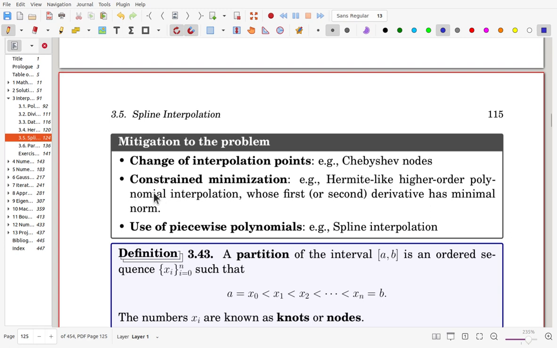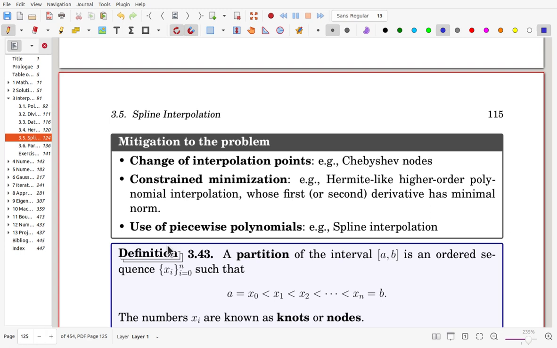Also, we may try constrained minimization. For example, a Hermite-like high-order polynomial can be used to control the derivative and minimize the oscillation. And also, we may try to use piecewise polynomials, that is, splines.